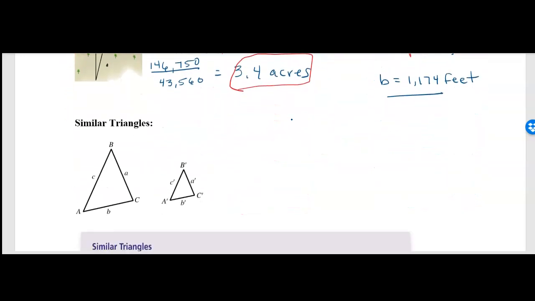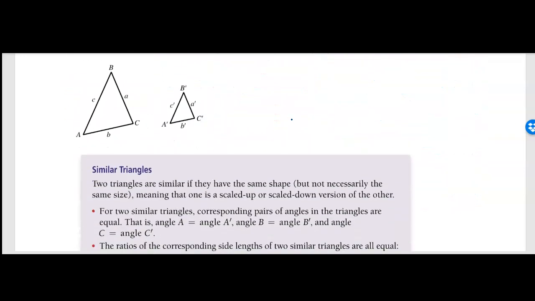All right, now let's go down to similar triangles. Similar triangles are basically when you have two triangles, they might be different sizes, but if their corresponding angles are equal, so angle A is equal to the angle A prime that you see here, angle B equals B prime, angle C equals C prime.